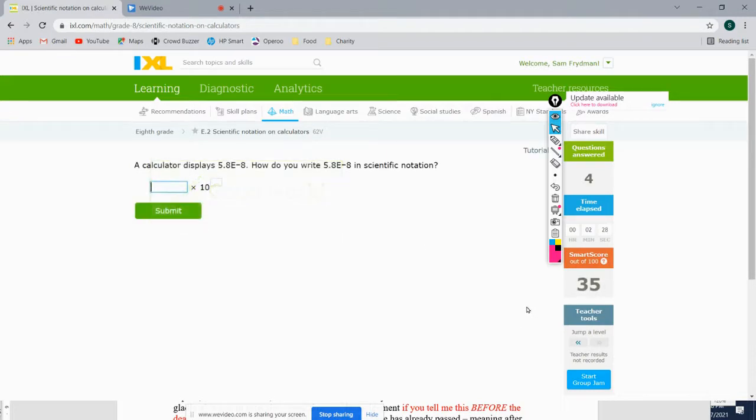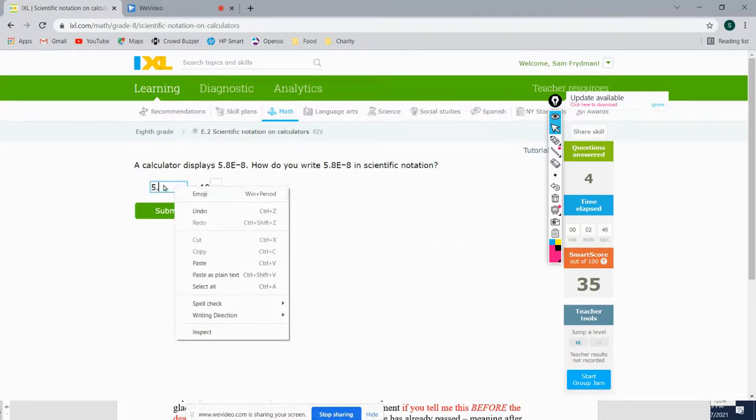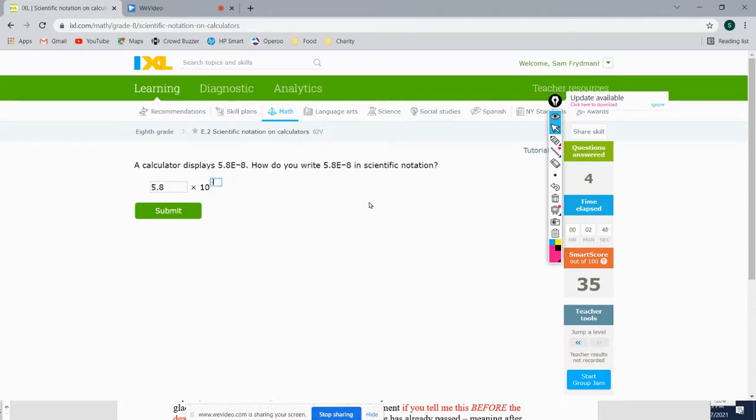Oh, there is no other level over here. Oh, that's it? Well, sometimes they ask you what it would be in standard form. So far over here, it's only been asking me about scientific notation. You have to pay attention to that. Eventually, we'll get a problem where it's asking me about standard form. So hopefully one of those will come up soon.